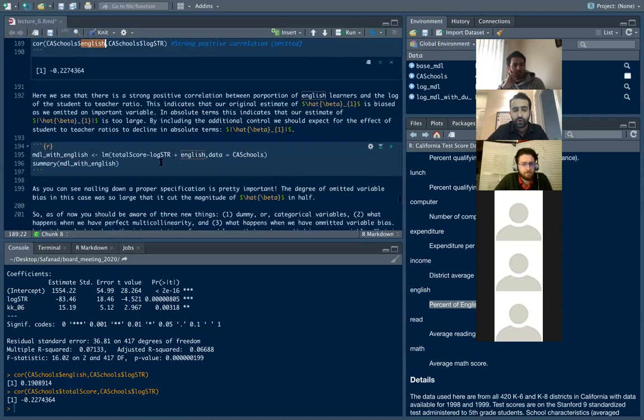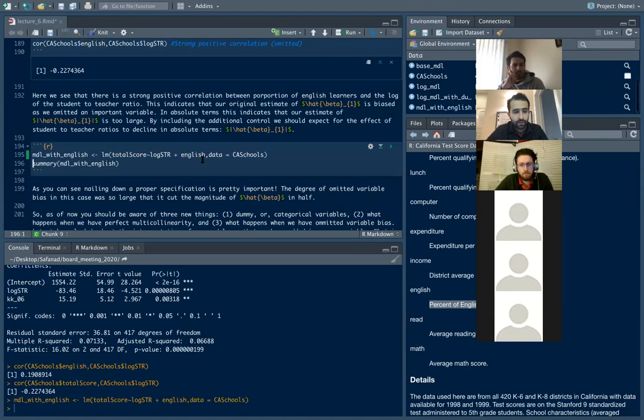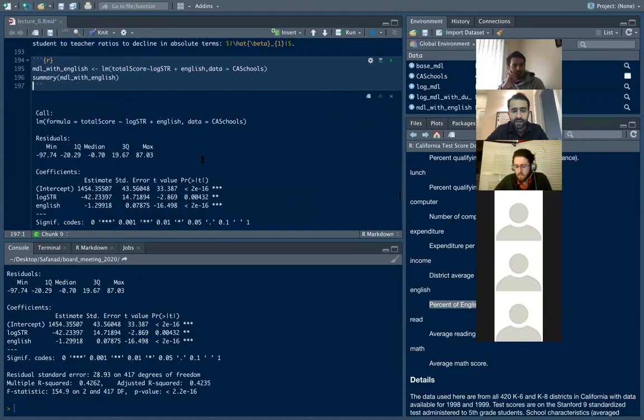Okay, so if we rerun our regression now, linear model, regressing total score on log of STR plus English, so we're adding on now a second independent variable. We can take a look at our new model. The coefficient size on log of student to teacher ratio before was, what was it? I think it was 88. It was 88, now it's 42.